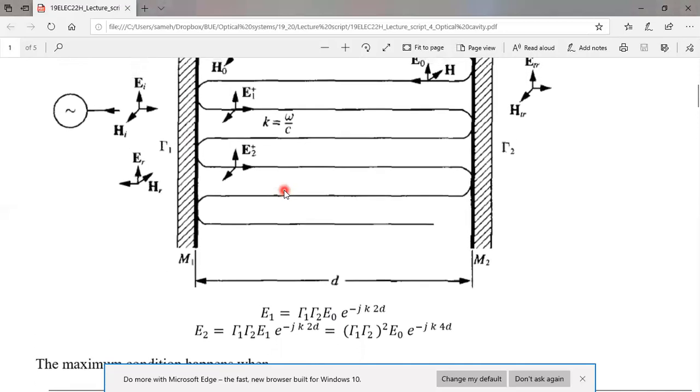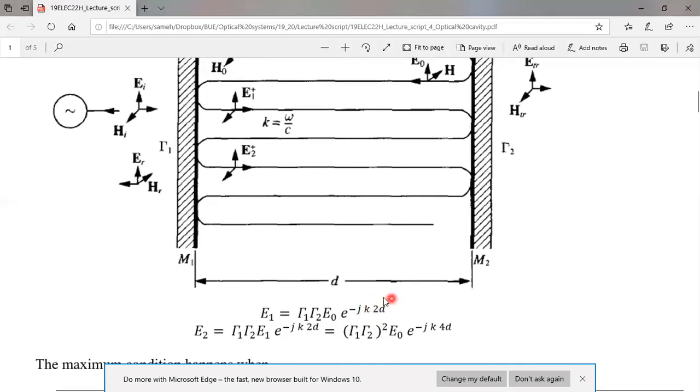Then, as you can understand, this e power minus j kd is simply a mathematical term. It represents a cosine and a sine function. You know basically from mathematics that e power minus jx equals cosine x minus j sine x.